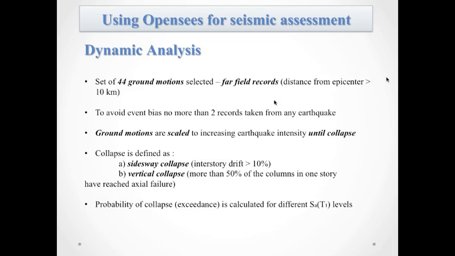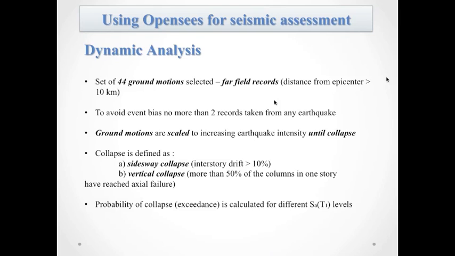To avoid bias of results, no more than 2 records were taken from any earthquake. And the ground motions were scaled to increase the earthquake intensity so that they lead the structure to collapse. Practically, the procedure we are following is very similar to incremental dynamic analysis.